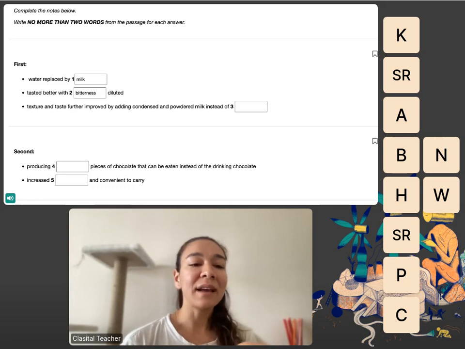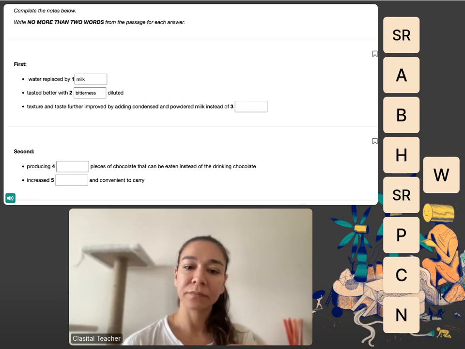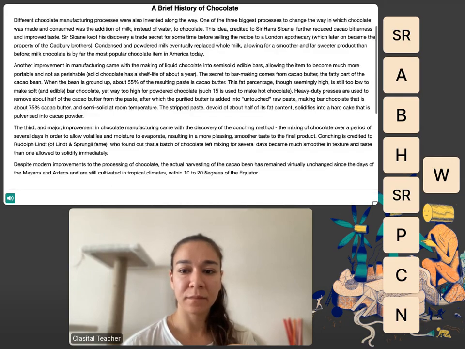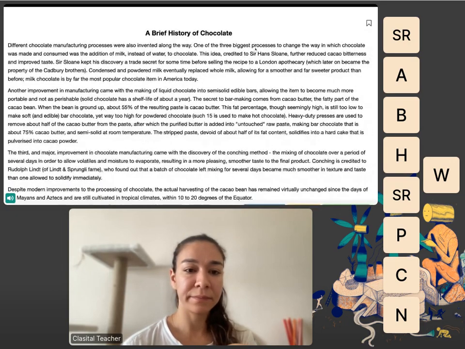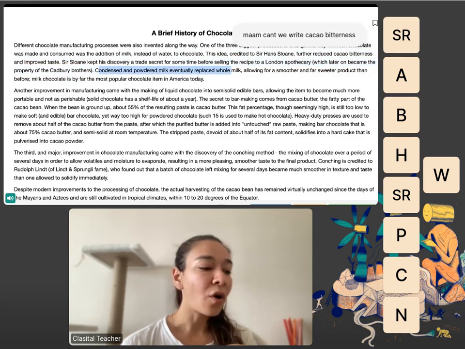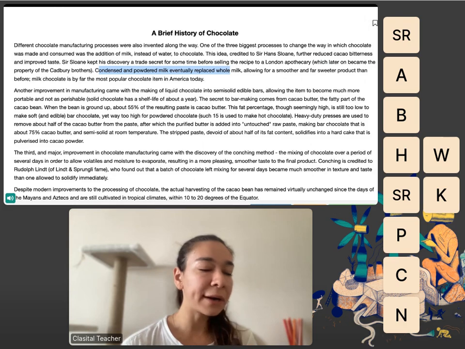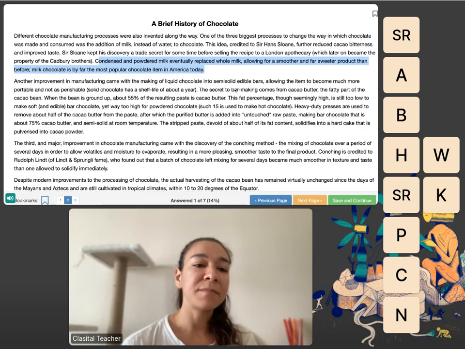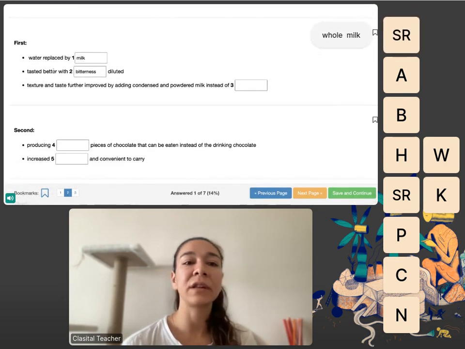Okay. Texture and taste further improved by adding condensed and powdered milk instead of, let's see. Here, condensed and powdered milk eventually replaced cacao bitterness. Tastes better with cacao bitterness diluted.